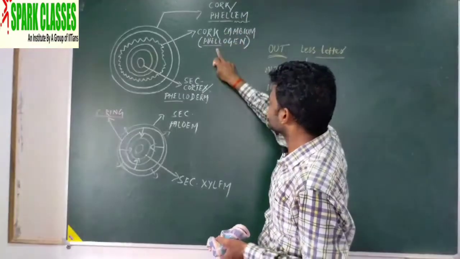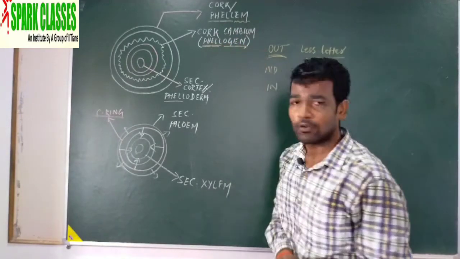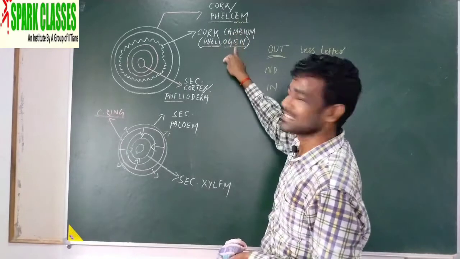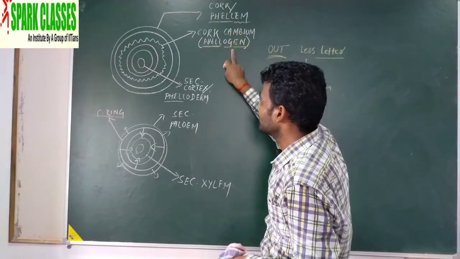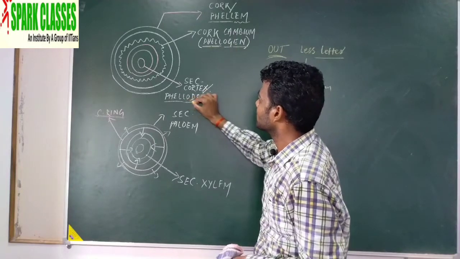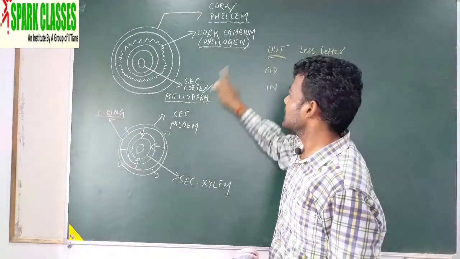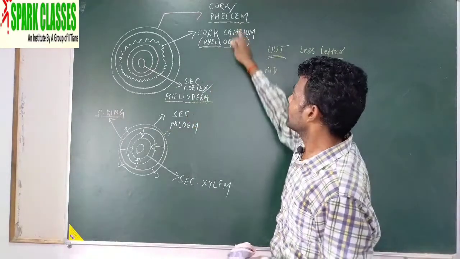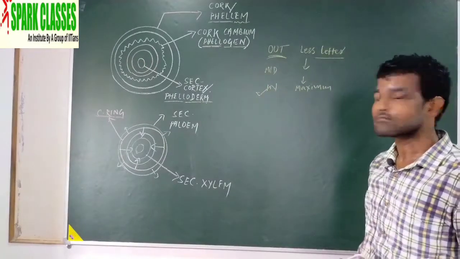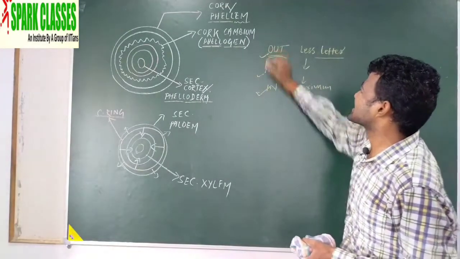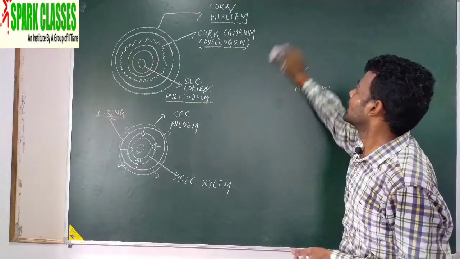Here second, in the middle, phel is common, then phellogen. So the number of letters is increasing, more than phellem. Again phelloderm, you can compare. The number of letters is maximum inside, then less, then least in case of phellem. So with increase in the number of letters we can arrange.